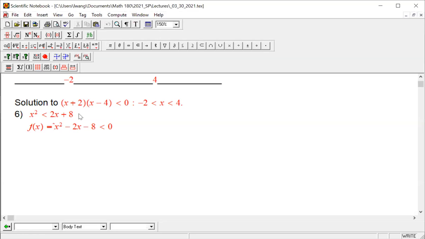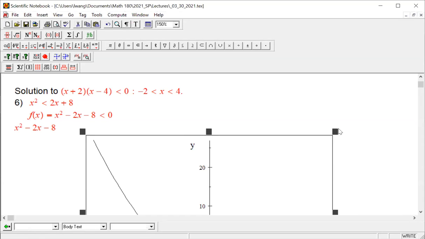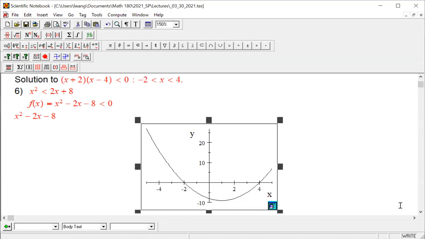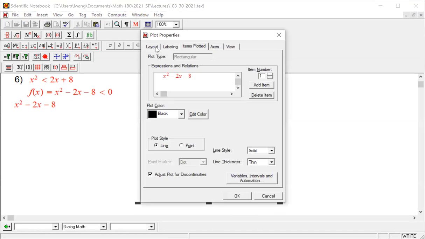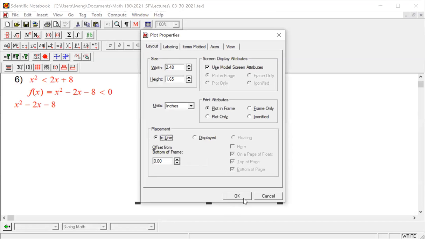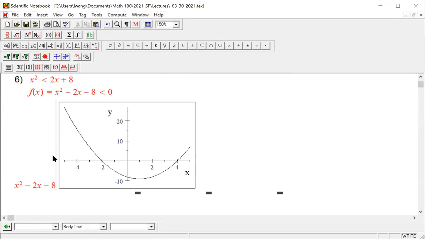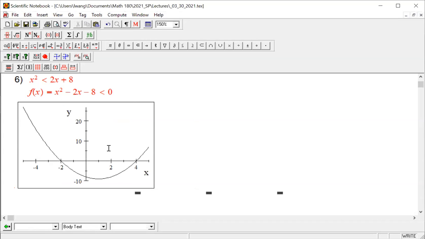So if this is true, then this is true, right? And then you're going to just graph this. We're just going to graph this. Do you guys follow me?